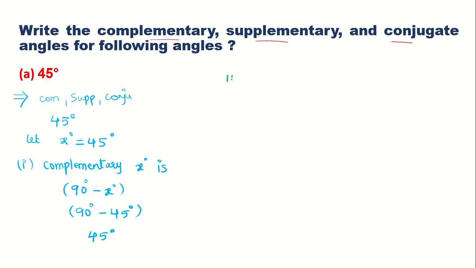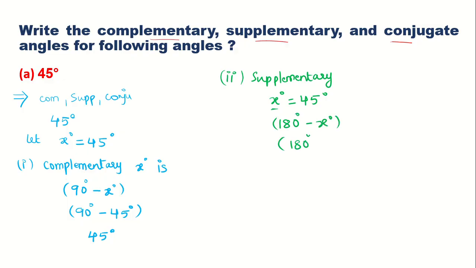Next, we'll see similarly the supplementary angle for the given x degrees. So here, what is x degrees? x degrees is 45 degrees. Now, how will you find the supplementary angle of this x degrees? Right, 180 degrees minus x degrees.